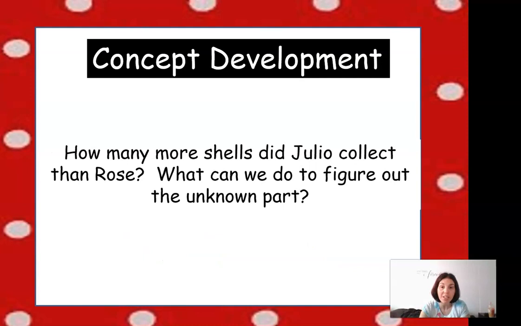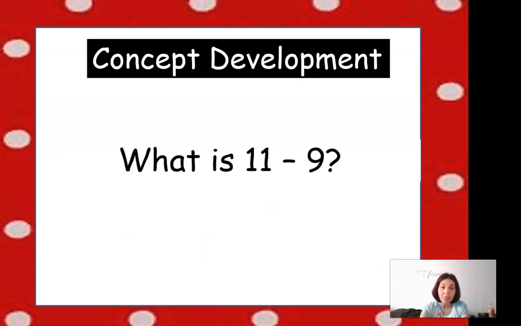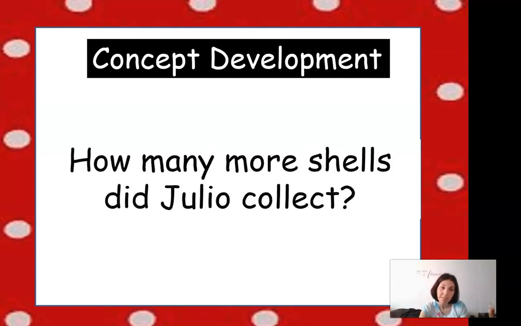How many more shells did Julio collect than Tamra? We can do subtraction, 11 minus 9. We can do counting up, 9 counting up to 11. The answer is 2 shells. How many more shells did Julio collect?